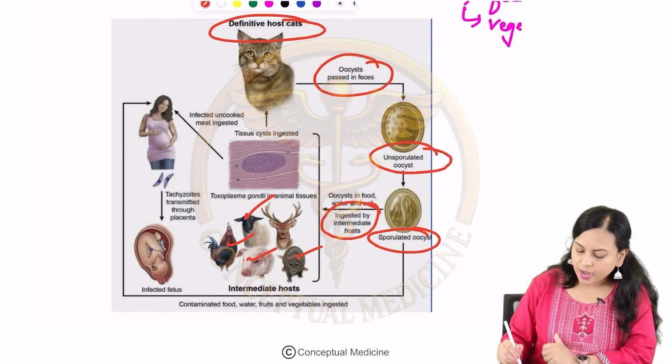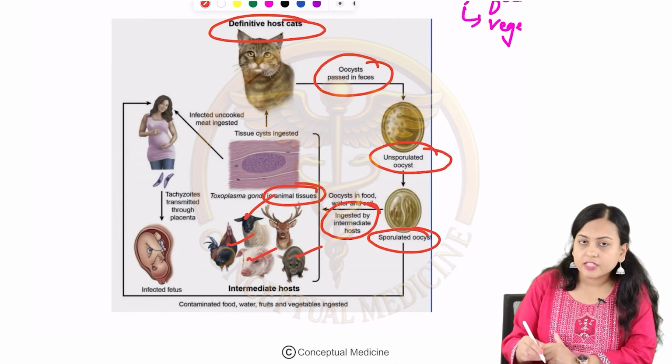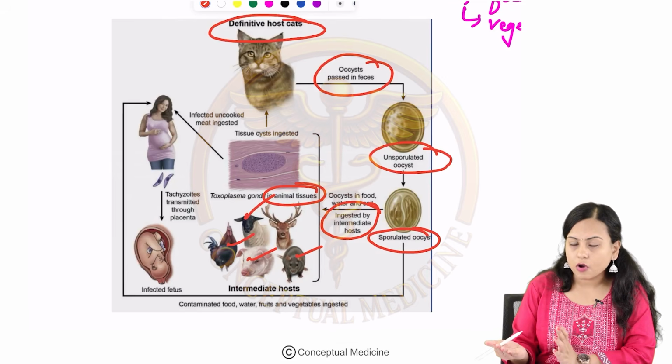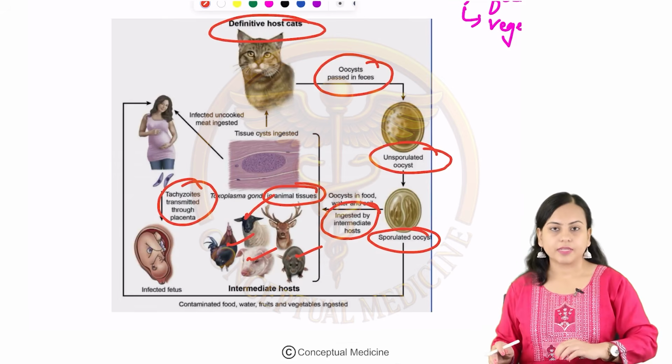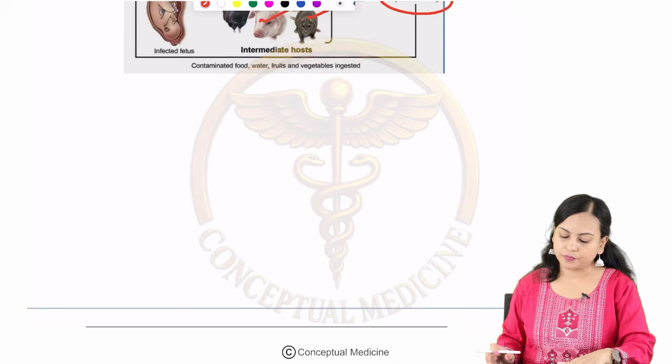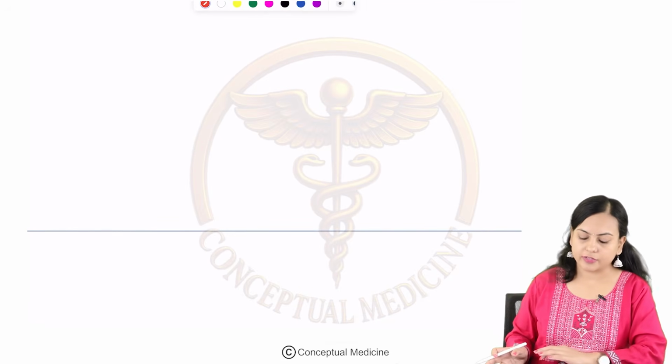The Toxoplasma in the animal tissues will be ingested by humans through raw or undercooked meat. And then the tachyzoites will be transmitted through the placenta to the fetus also. I hope you understood this.